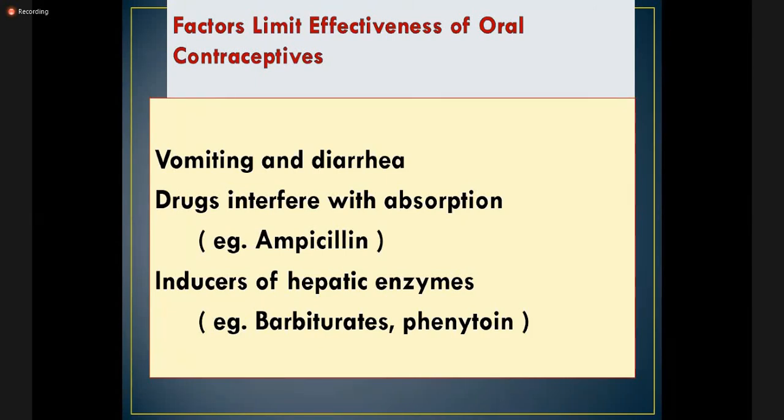So if we are using the preparation, basically we are not treating any disease. This is a very interesting point. We are not treating disease, but we are using these preparations to avoid the normal physiological phenomenon, to inhibit the conception, right? This is very interesting.